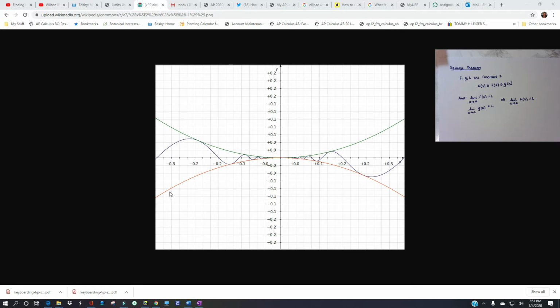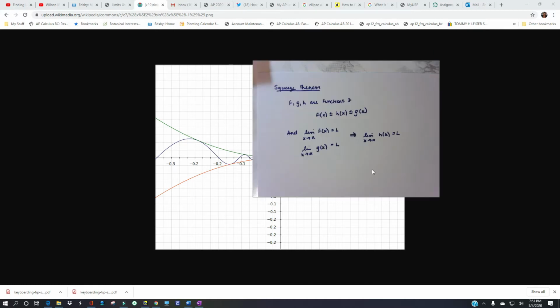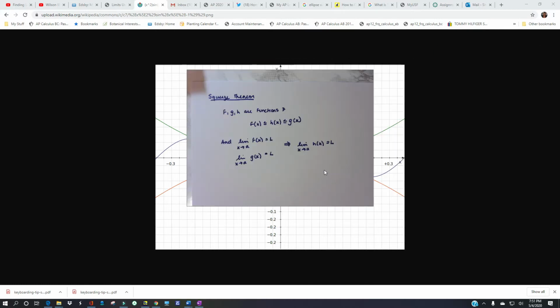And the limit of g as x approaches 0, from the left and the right, is 0. So what the squeeze theorem states is that if we have this function h that's in between f and g, at x equals 0, h of x must also have a limit of 0. All right? Okay, so let's do a couple of problems so you can see.